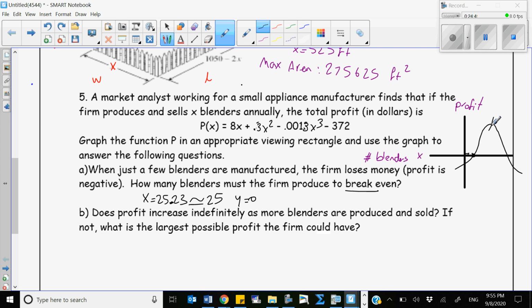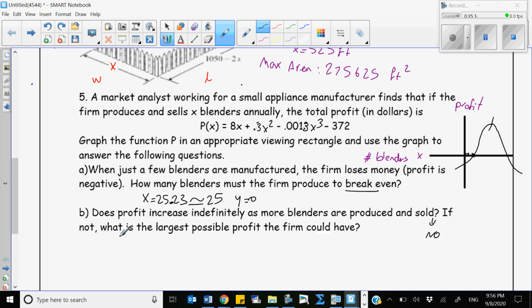And if I produce more blenders after this point, I'm not going to have more profit. The profit is going to decrease and going down. So for the first part, does the profit increase indefinitely? We're going to say no. It will stop increasing at some point and go down after that.